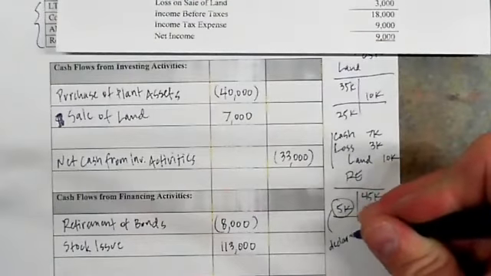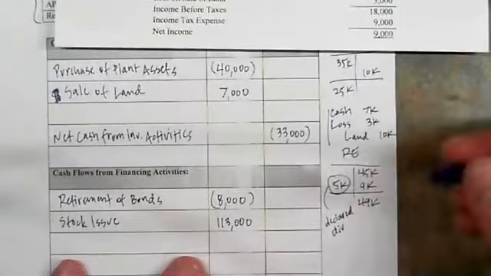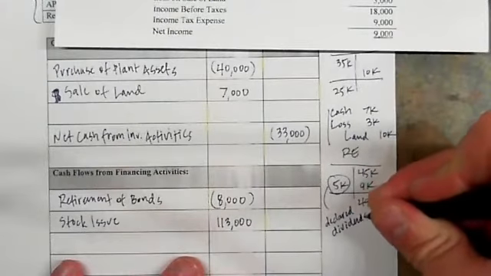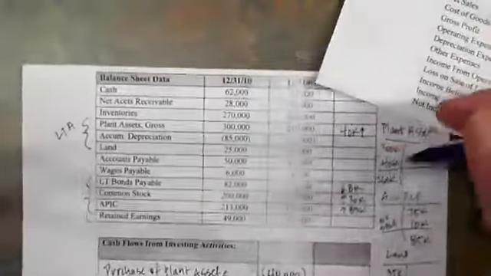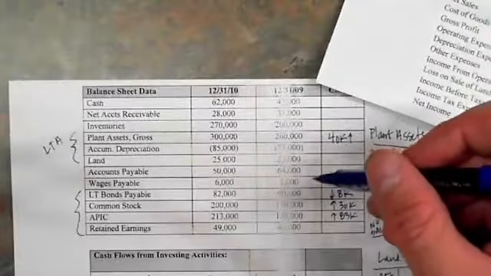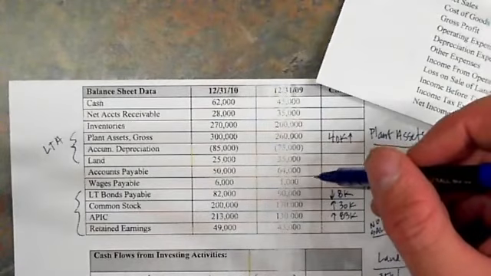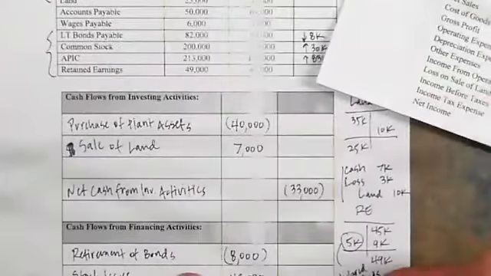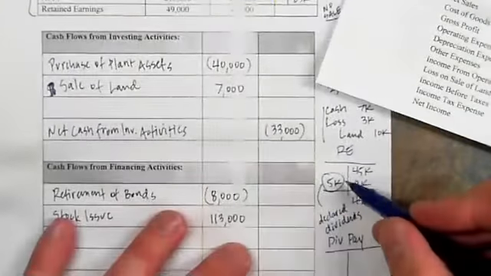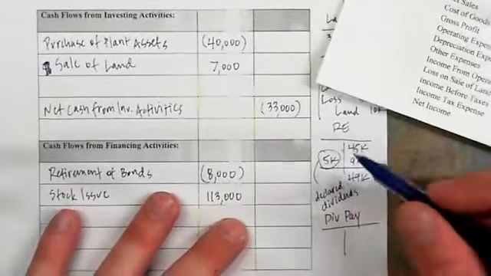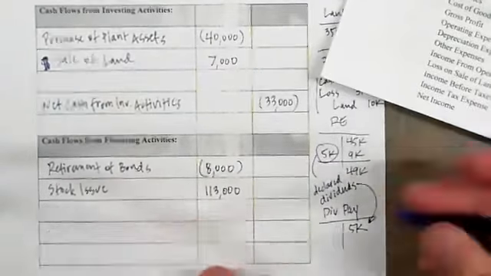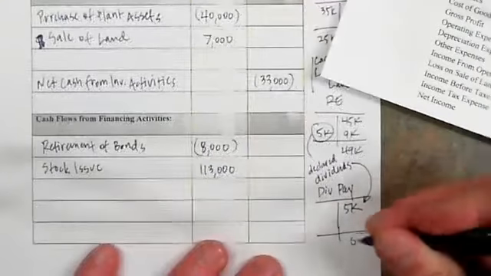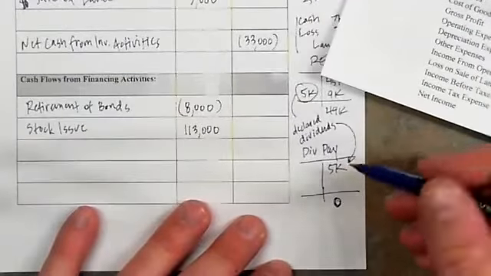Now, remember, this is declared dividends. I didn't necessarily pay them. In order to check whether I paid them, I would need to see if there are any dividends payable accounts. Well, there isn't a dividends payable account recorded, so I must have paid everything I declared. Dividends payable would have increased by 5,000 on this declaration, and since I ended up with a $0 balance, I don't have an account outstanding.